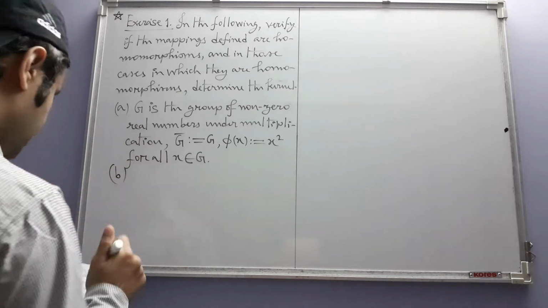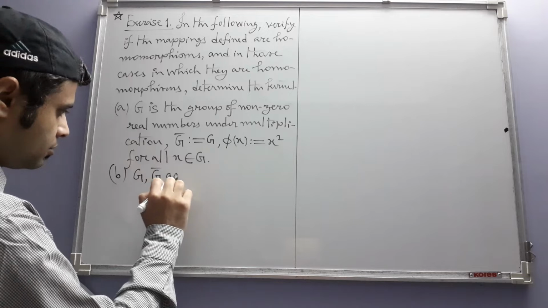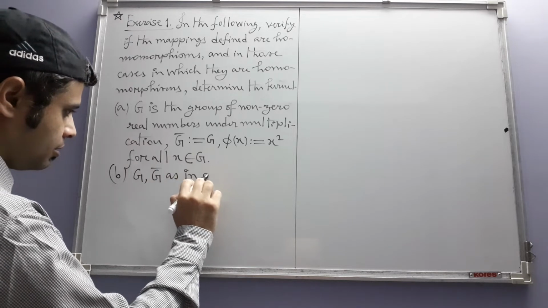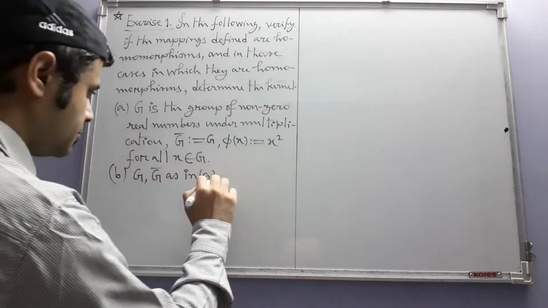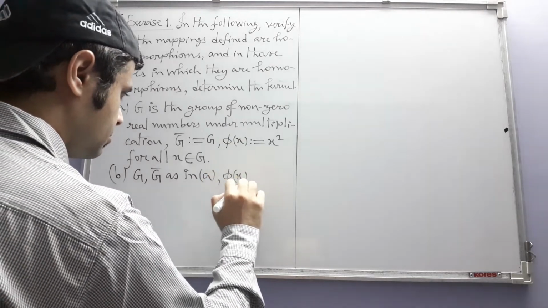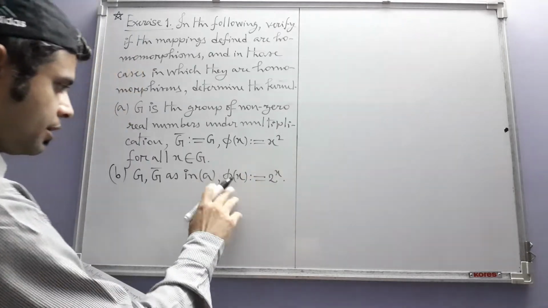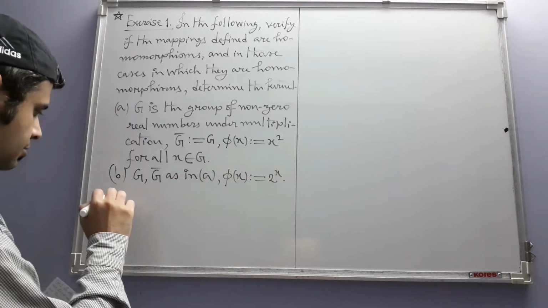Then in part B, G and G bar as in part A, same groups, but the function this time is the one that maps x onto 2 to the power x.